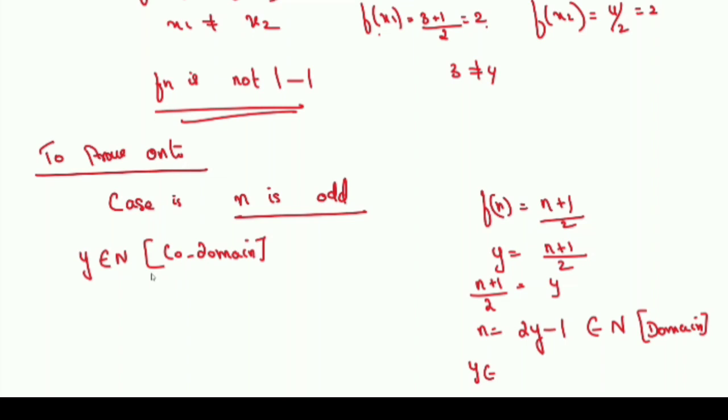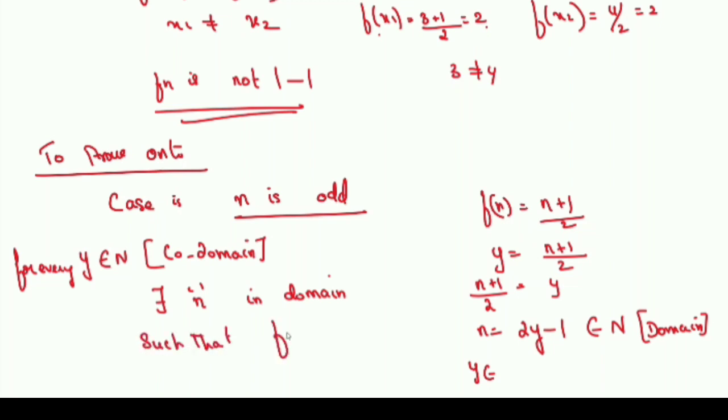So if y belongs to N in the codomain, we can find an n. For every y belongs to N, there exists an n in the domain such that f of n is equal to y.